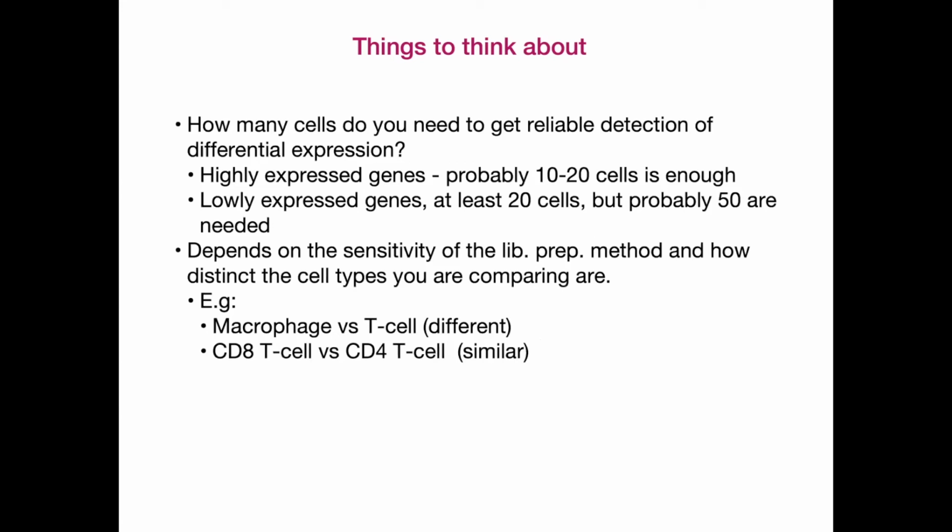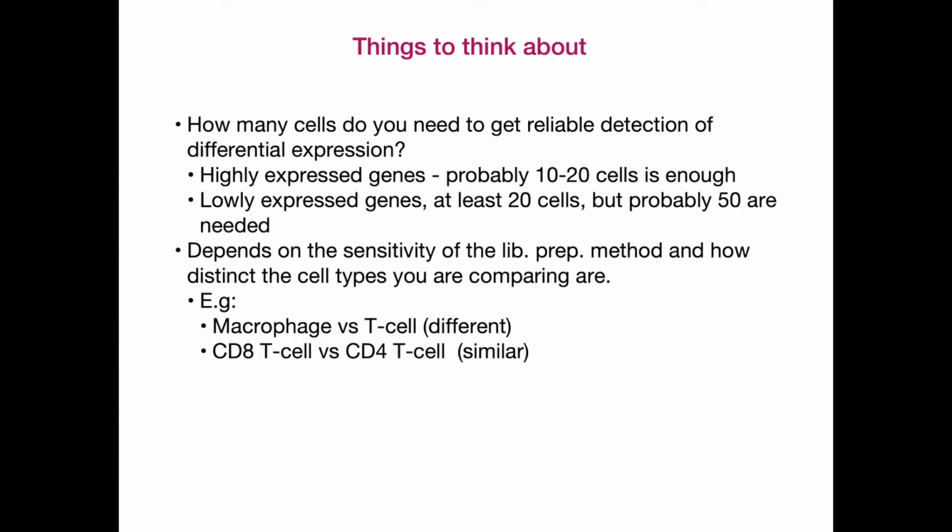And then also, this is really going back to really plan in your experiment. How many cells do you really need to get good detection of differential expression? And that kind of depends on the level of expression also. Because for highly expressed genes, we have a larger chance of detecting them.